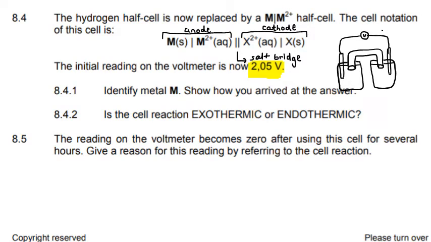Because this value over here is positive, this is the direction of electron flow. If the voltmeter reading is positive, it means that our electrons are flowing from right to left, which means that we have oxidation happening on this side, and oxidation always occurs at the anode.